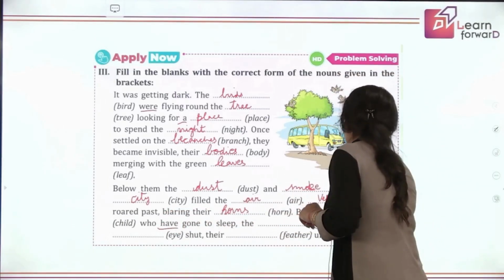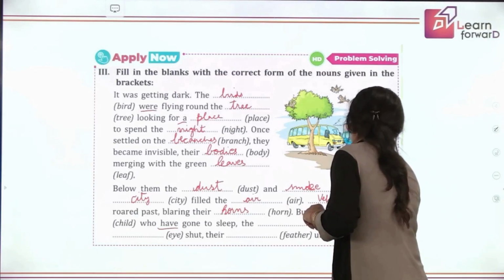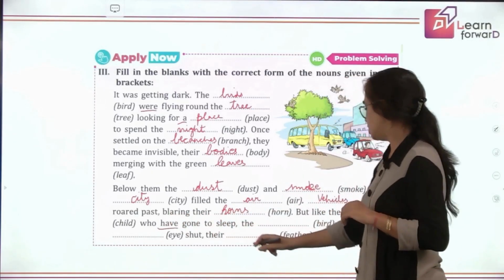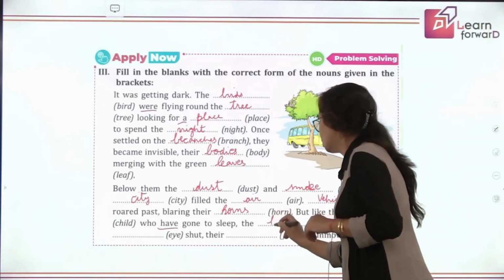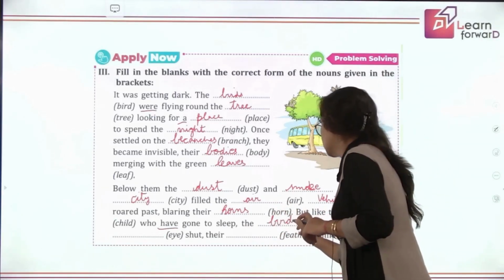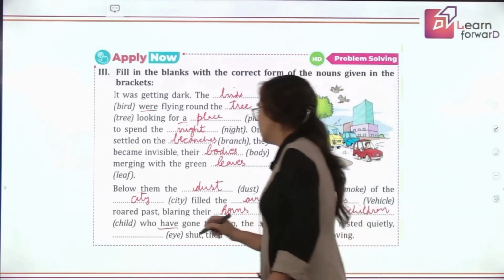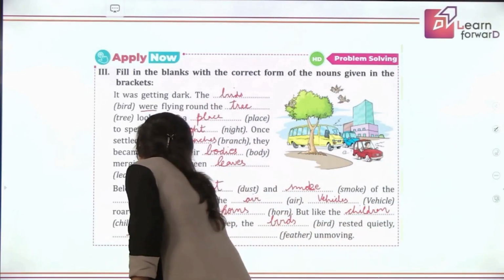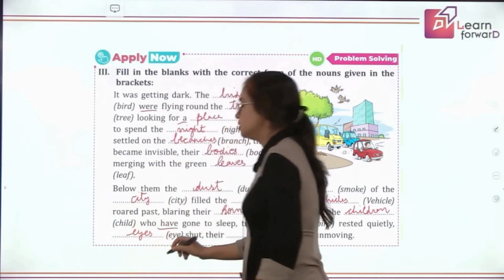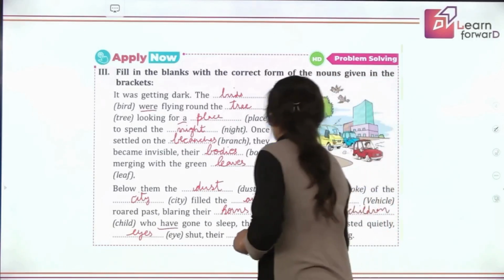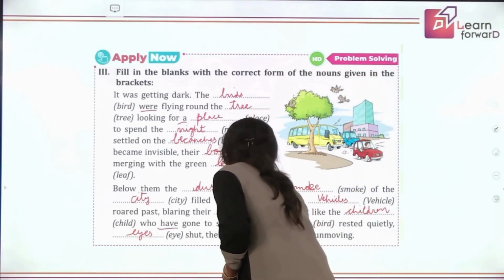But like the children who have gone to sleep, the birds, we are talking about plural birds. The birds rested quietly. Yes, two eyes for each of the birds. Eyes shut. Their feathers unmoving because they have slept by then.